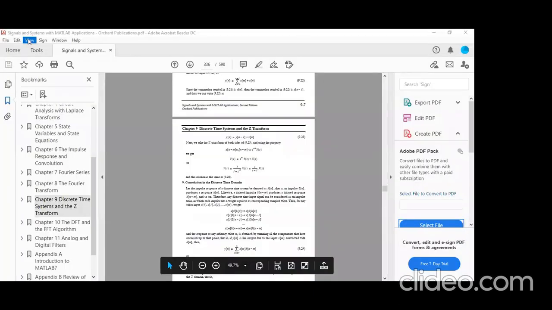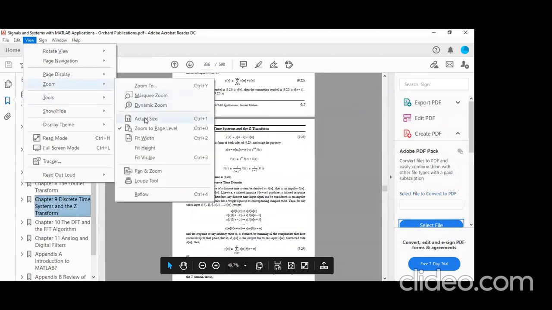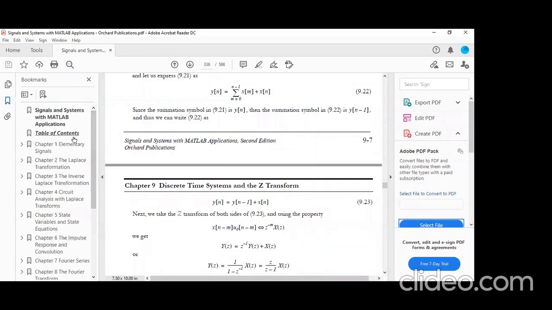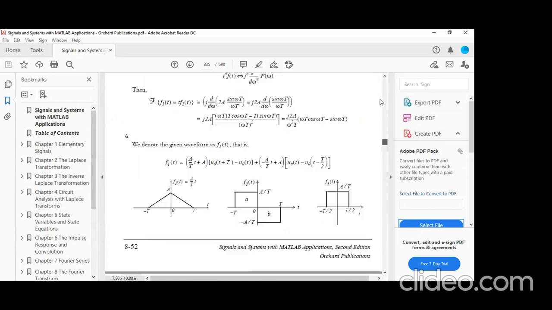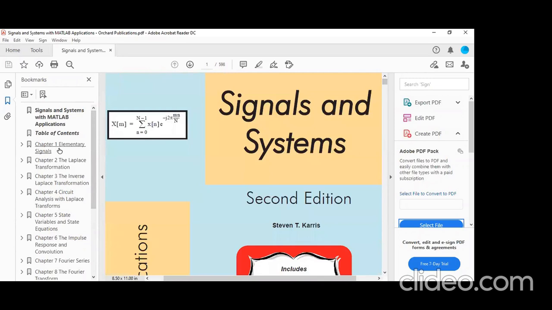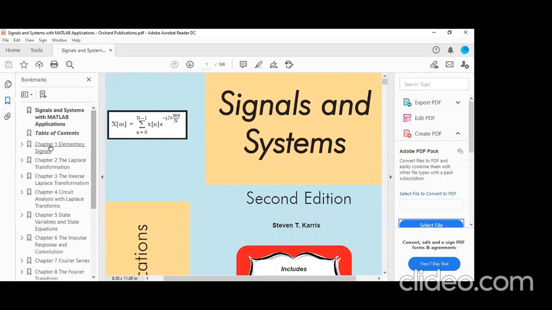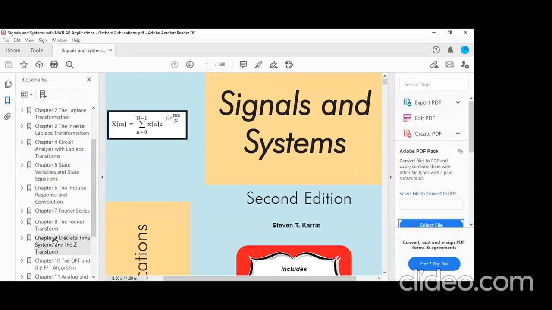I just want to mention that in one of the books that I sent, we are going to be dealing with chapters 1, 2, 3, 4, 5, 6, 7, 8, and 9.